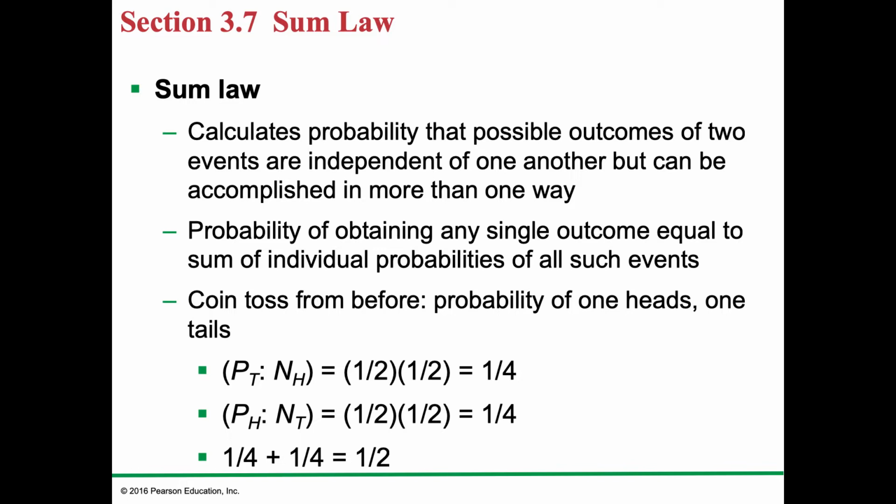Well, it's 1/4 that you would have a penny that shows tails and a nickel that shows heads. It's another 1/4 that you would have a penny that shows heads and a nickel that shows tails. So if you don't care which coin shows heads and which coin shows tails, you add those 2 probabilities together and you have a 1/2 probability that when you flip the 2 coins, you'll get the combination that you wanted.